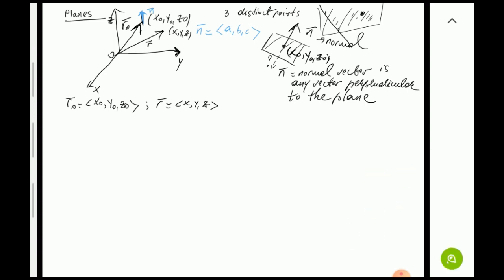So roughly speaking, just visualize the plane over here, right? So we're trying to find the equation of the plane that goes through the given point x naught, y naught, z naught, and a generic point x, y, z.